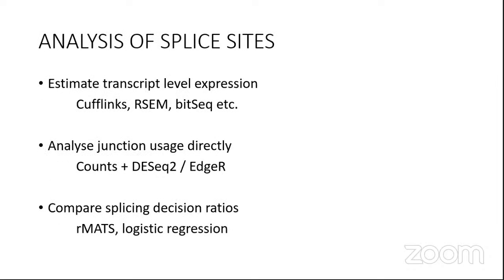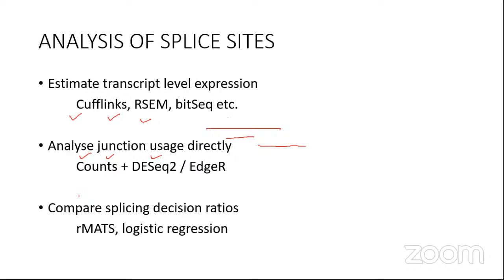For analysis of splice sites, there are different tools, such as Cufflinks, RSEM, BitSeq, and junction counts plus DESeq or edgeR. To compare the splicing decision ratios, say I have two or three different kinds of splicing.